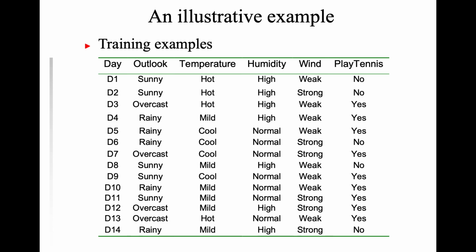Now, there were several ways to build a decision tree based on this data. We can start, for example, with outlook, and then say the outlook could be sunny, overcast, or rainy. Then, for example, let's go to the branch of outlook sunny. What should be decided next? Should we test on humidity, wind, or temperature?